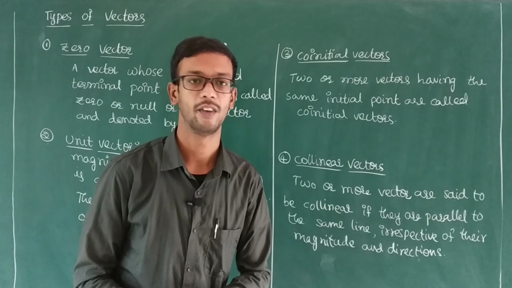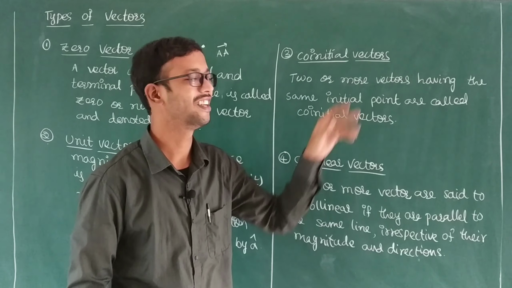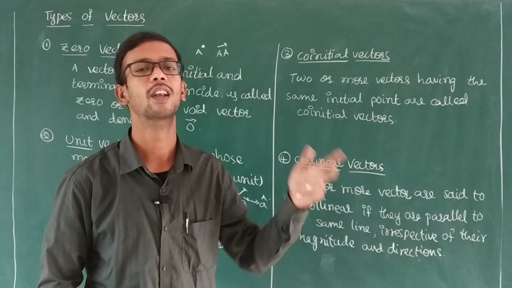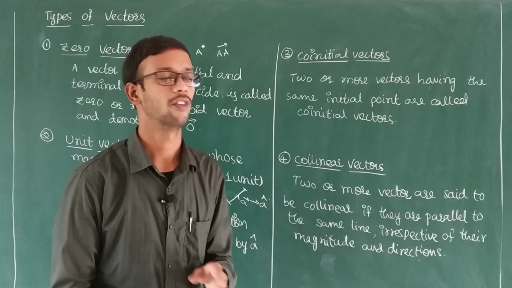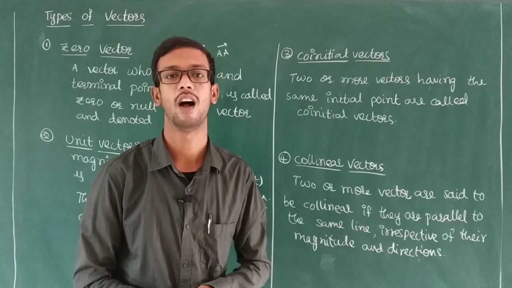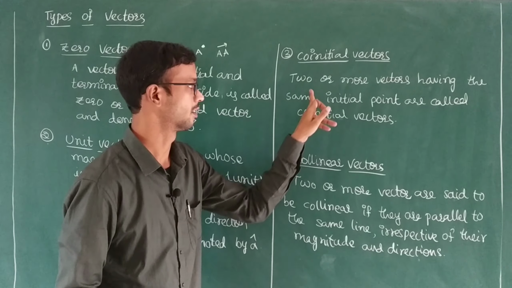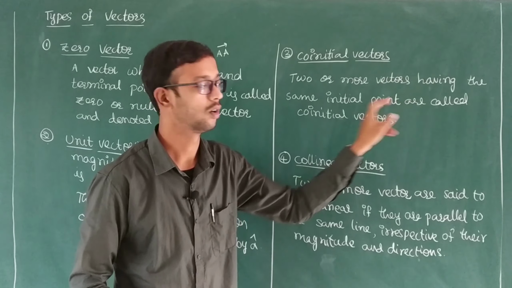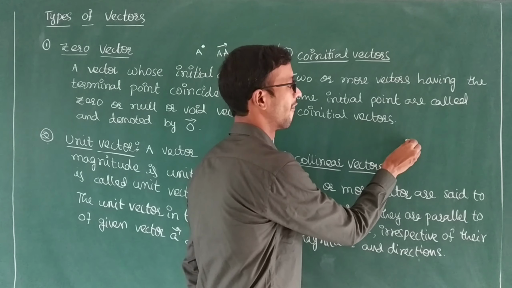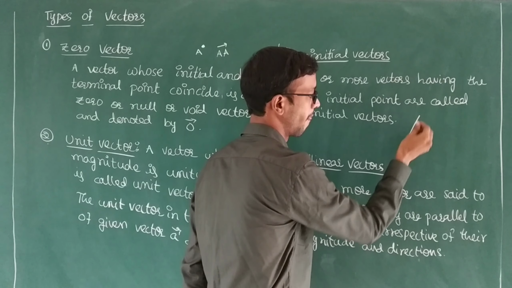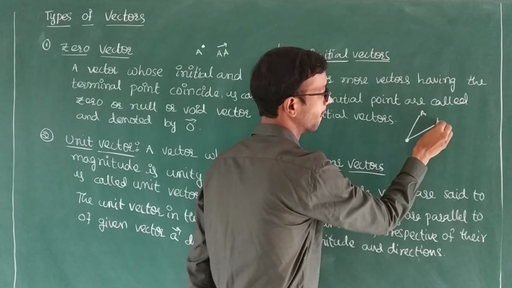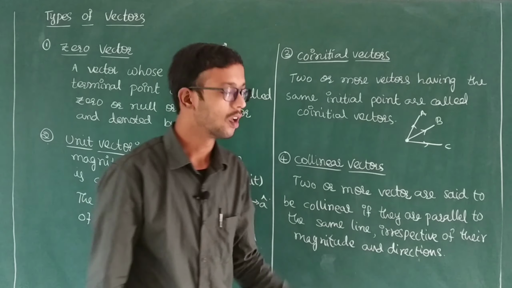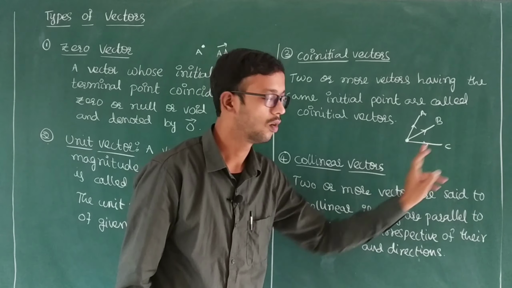Next, third type, co-initial vectors. You observe, co-initial: the initial point will be the same. That type of vectors are called co-initial vectors. Two or more vectors having the same initial point. For example, I am taking OA bar, OB bar, OC bar.